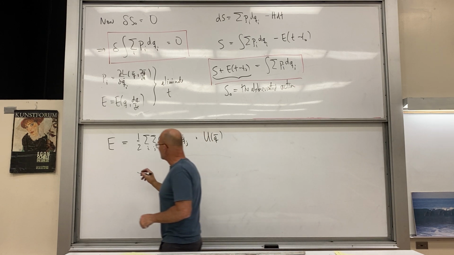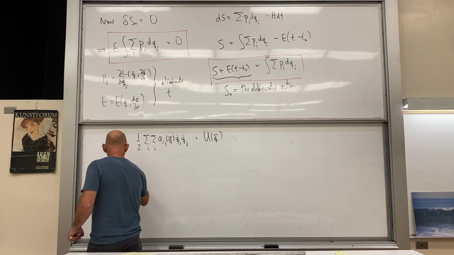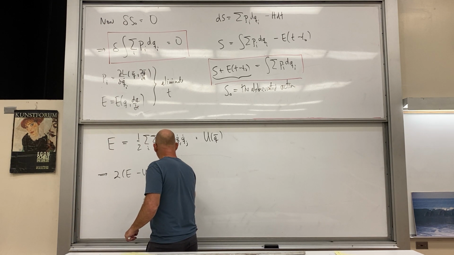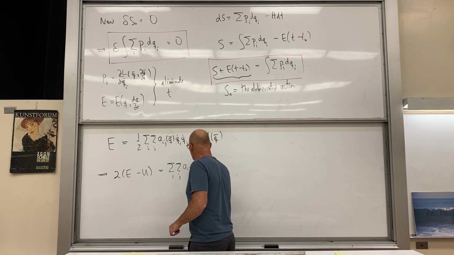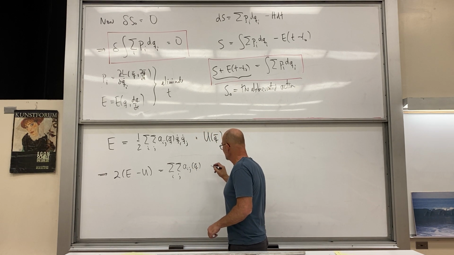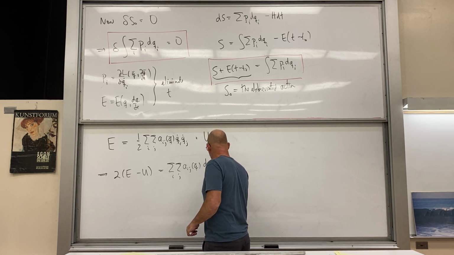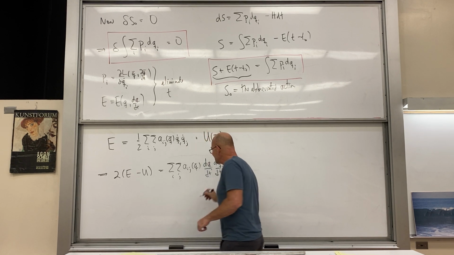So what we have here is 2 times (E minus U) is equal to this double sum over i and j of a_ij(q), and then we can write dq_i dq_j, over a dt and a dt.